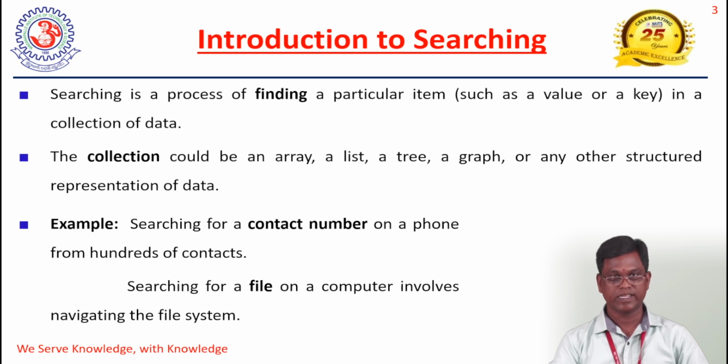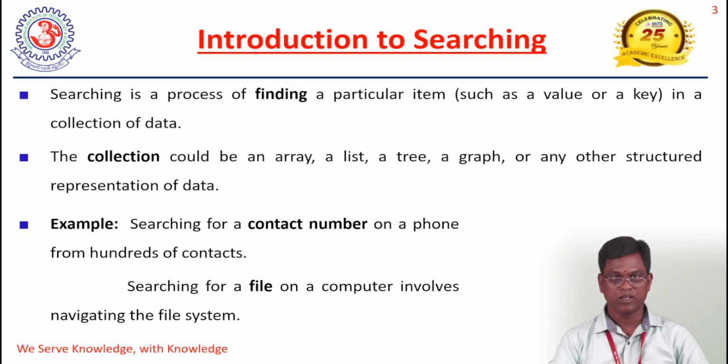And here are the examples we have. Searching for a contact number in a phone from hundreds of contacts. So we can search for a particular contact number from hundreds of contact numbers which are available in the phone. Another example, searching for a file in a computer, navigating through a file system.